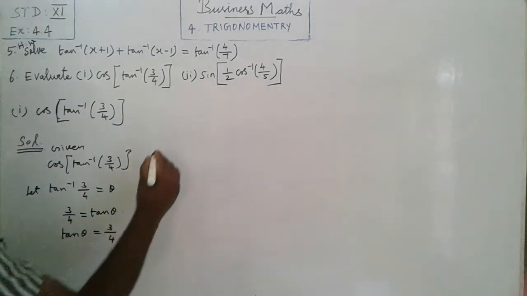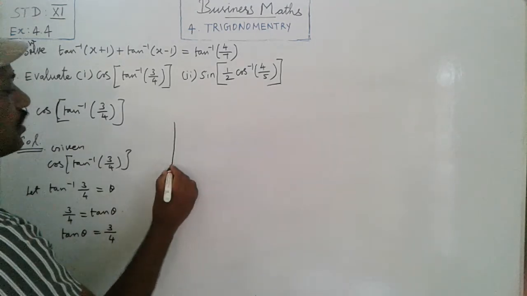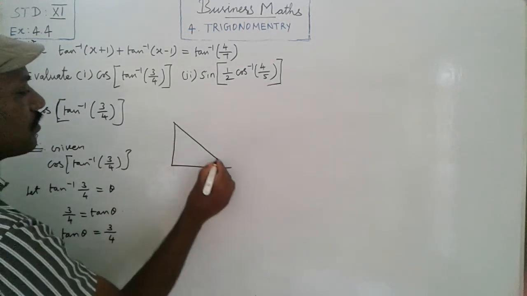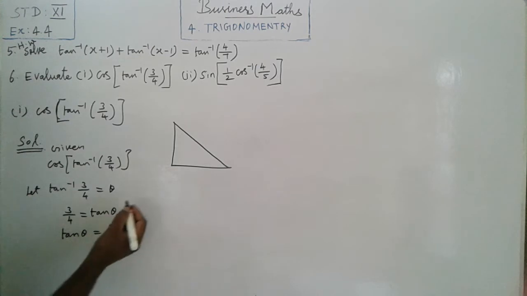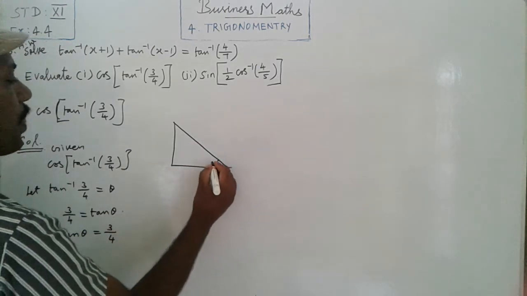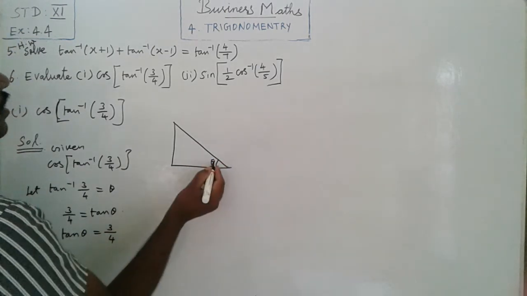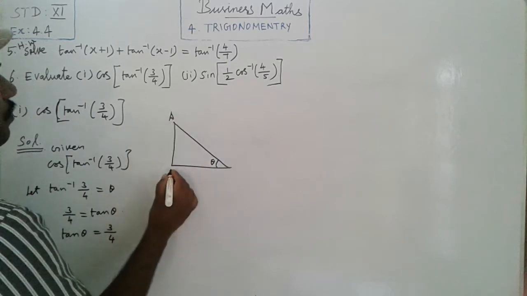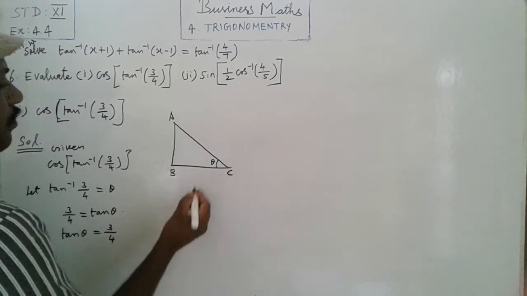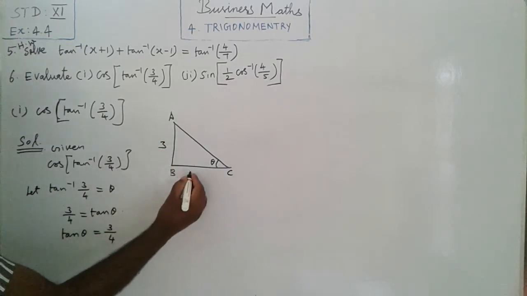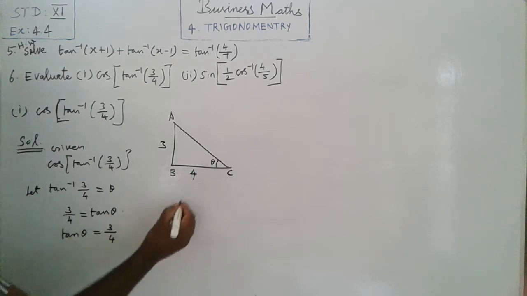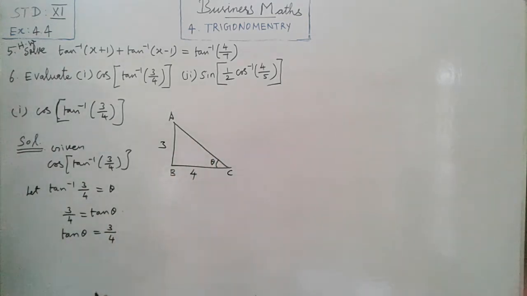Next, this is a right angle triangle ABC with angle theta. Tan theta is opposite divided by adjacent. Opposite is 3, adjacent is 4. We should find out the hypotenuse.